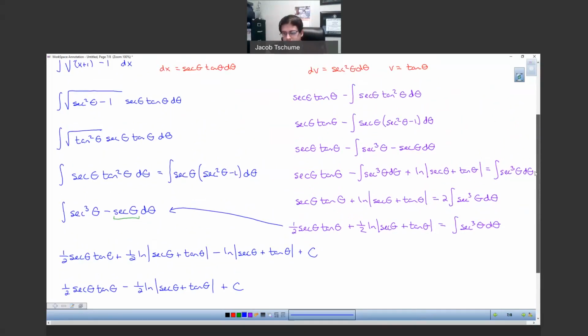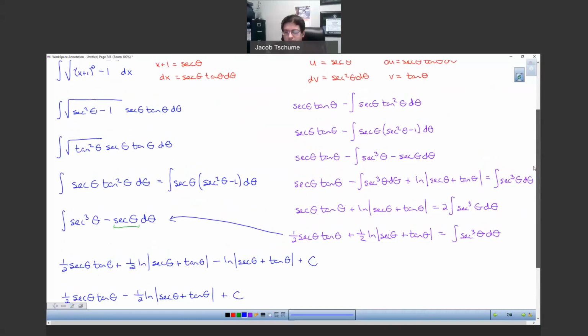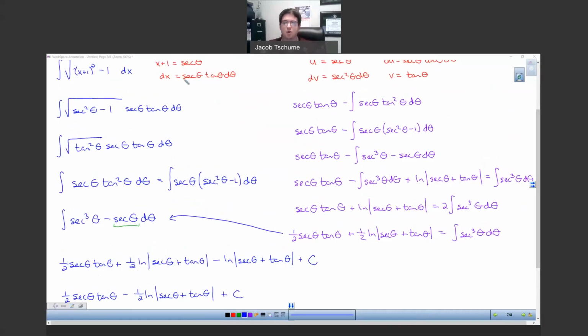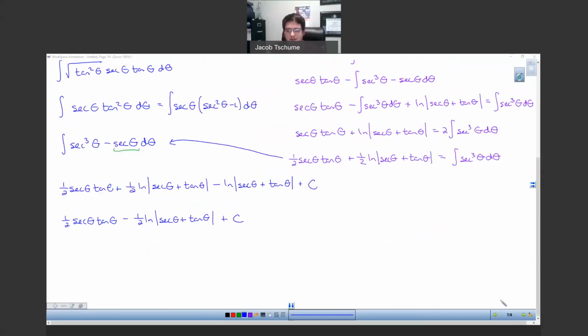Let's see if I can find it, but almost. So the very top here in red, the original trig substitution needs to be used to help you solve and rewrite this integral into terms of x. Your final answer must be in terms of x. So over here on the right, we know that x plus 1 is secant theta.